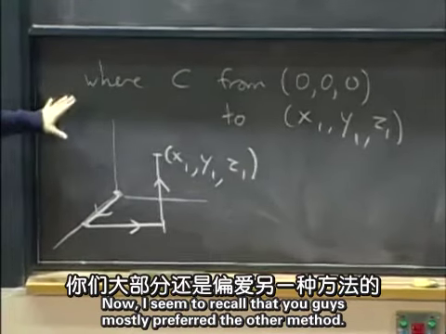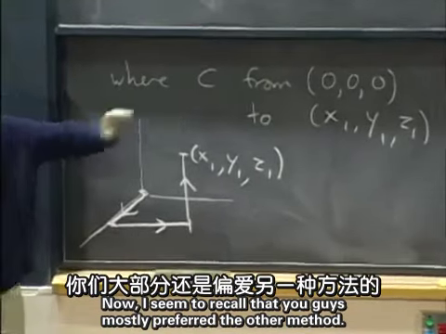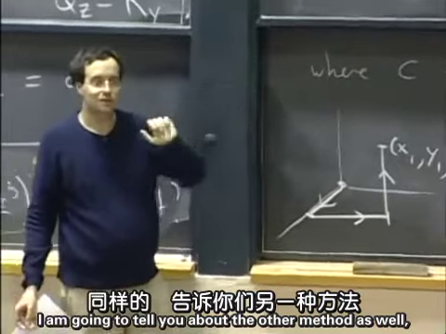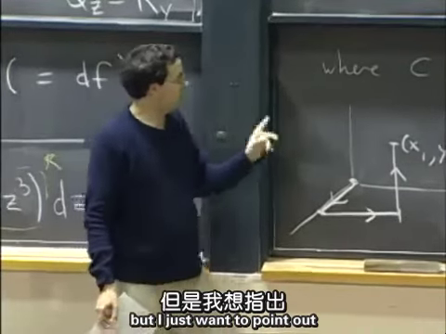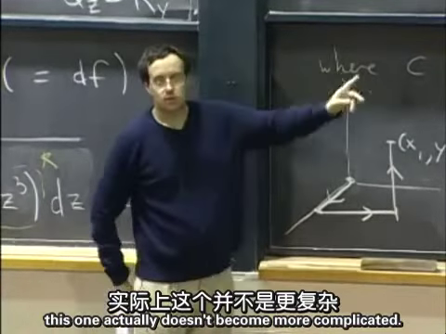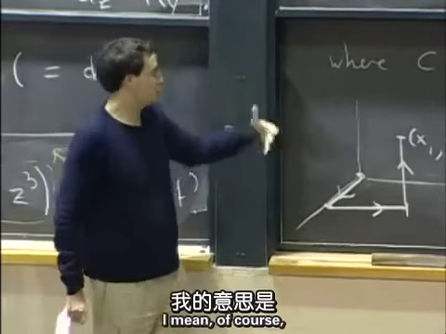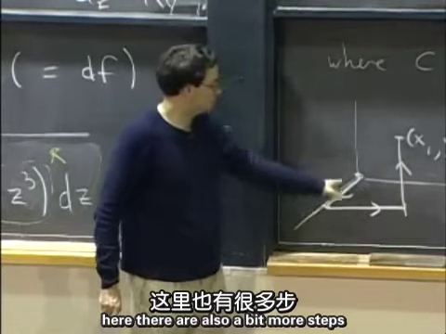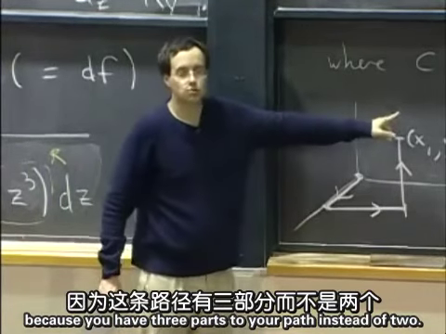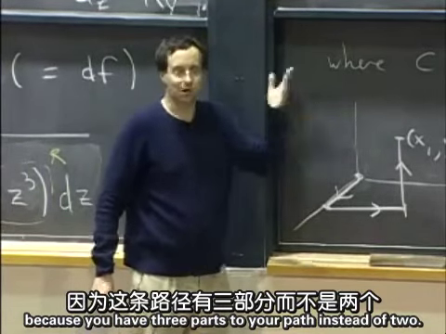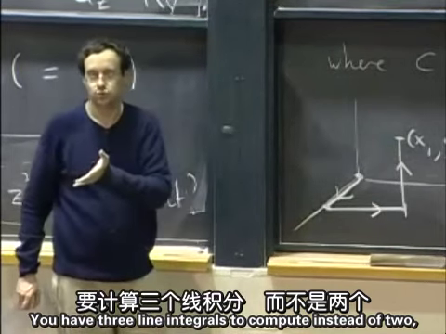Now I seem to recall that you guys mostly preferred the other method, so I'm going to tell you about the other method as well. But I just want to point out this one actually doesn't become more complicated. The other one, there's actually more steps. I mean, of course, here there's also a bit more steps because you have 3 parts to your path instead of 2, so you have 3 line integrals to compute instead of 2.